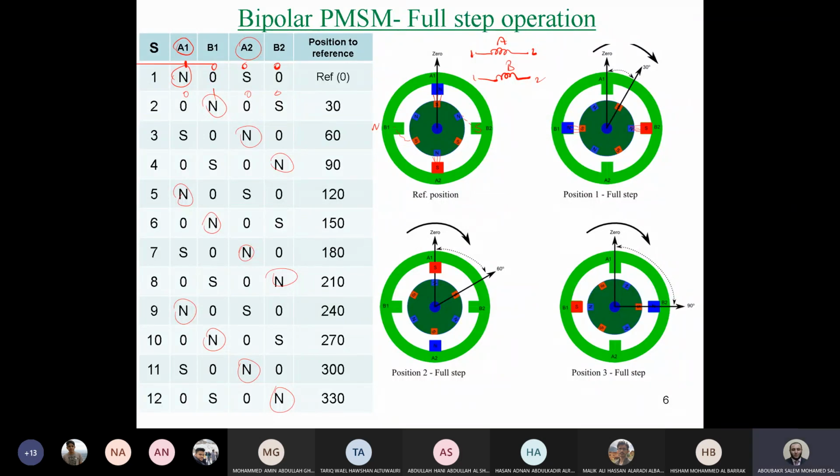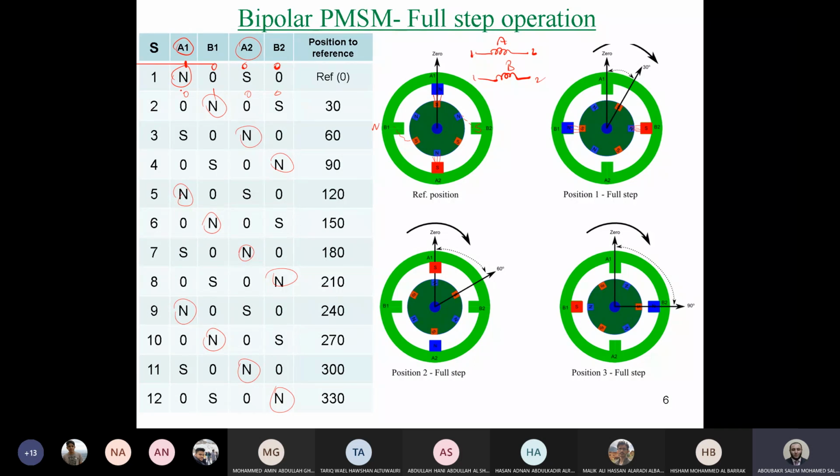Again, guys, if we need to operate the motor at half step, similar to what we already did before, we make an OR between the first two steps. But take care here, N or 0 will be N, okay, because N is already a polarity.